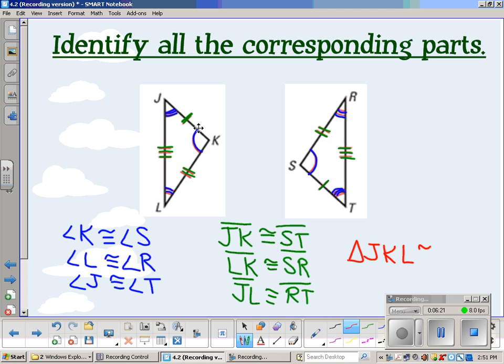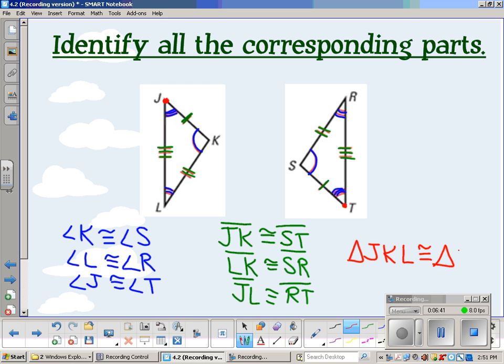So when I go to write my congruence statement for the second triangle, I'm going to figure out which vertex matches with vertex J. Well, J is over here, which had the 3 congruent marks. So that vertex matches up with vertex T in the other triangle.